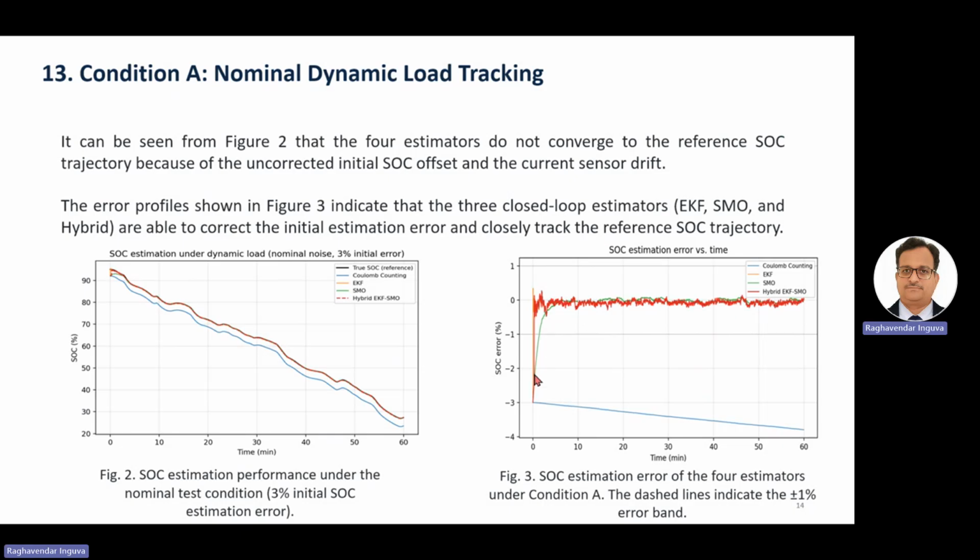And in the SOC error graph, we can clearly see that SMO is deviating a lot from the reference SOC error. So it is inferior when compared to EKF as well as hybrid EKF and SMO.